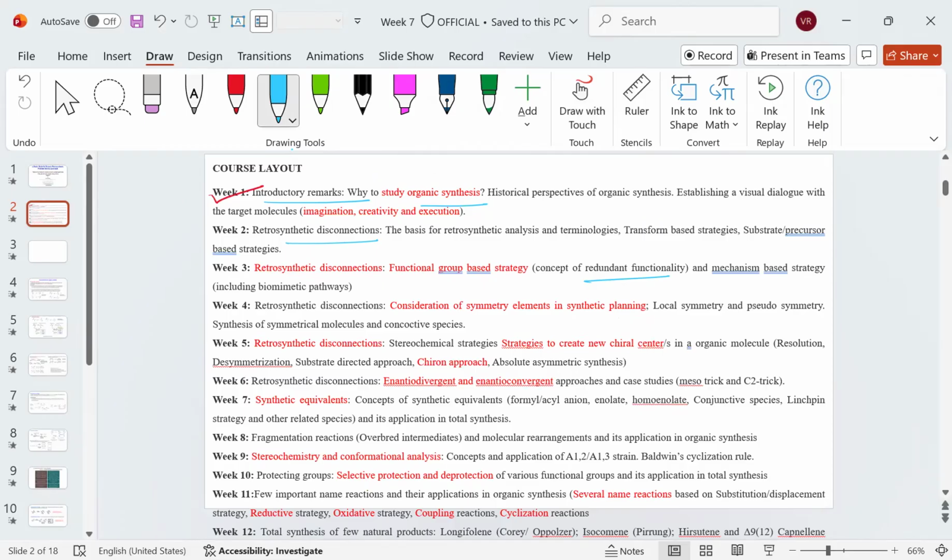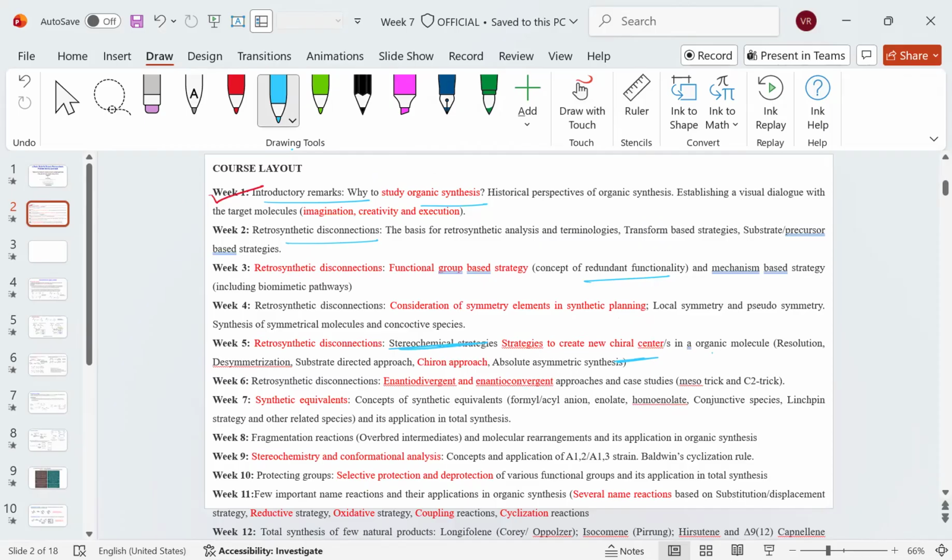Right now, we are slowly moving toward some stereochemical aspects in retrosynthesis, and we are starting. We have already covered many problems on retrosynthesis which do not involve stereochemistry. But from this session onward, we are going to cover some of the problems which involve stereochemistry.